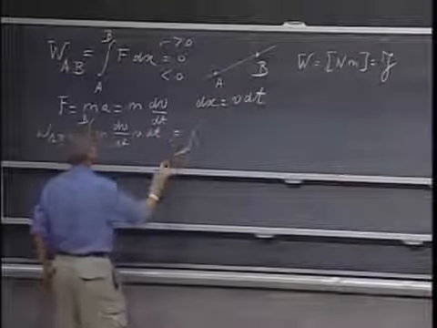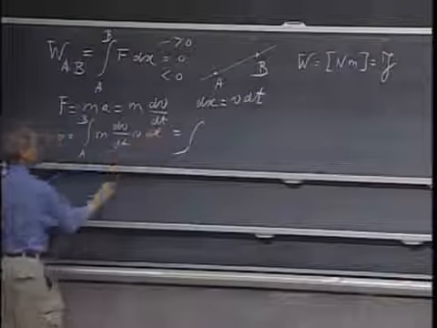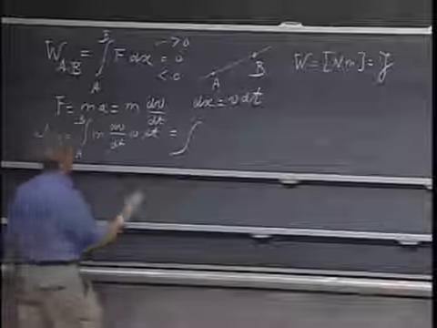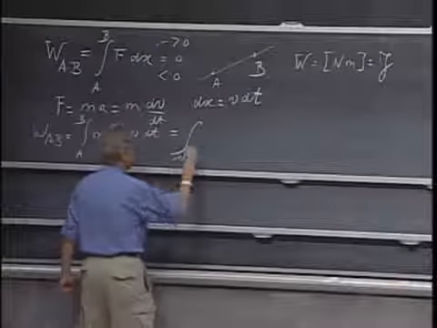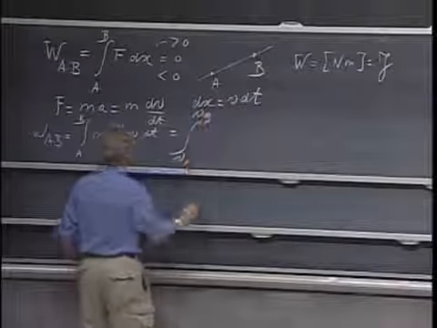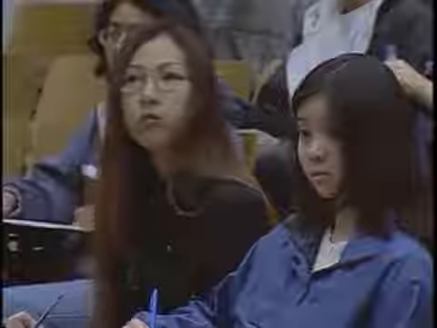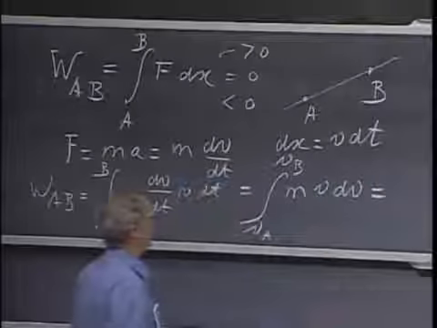And look what I can do. I can eliminate time, and I can now go to an integral over velocity, from velocity VA to velocity VB, and I get m times v times dv. That's a very easy integral.